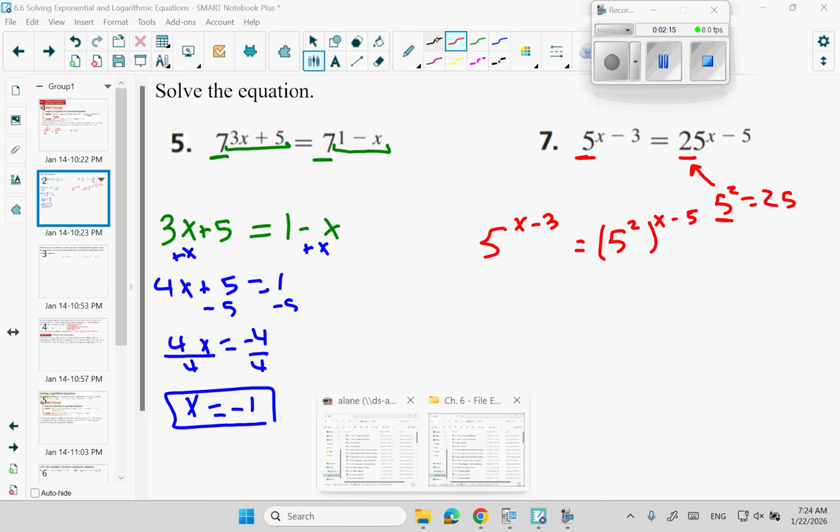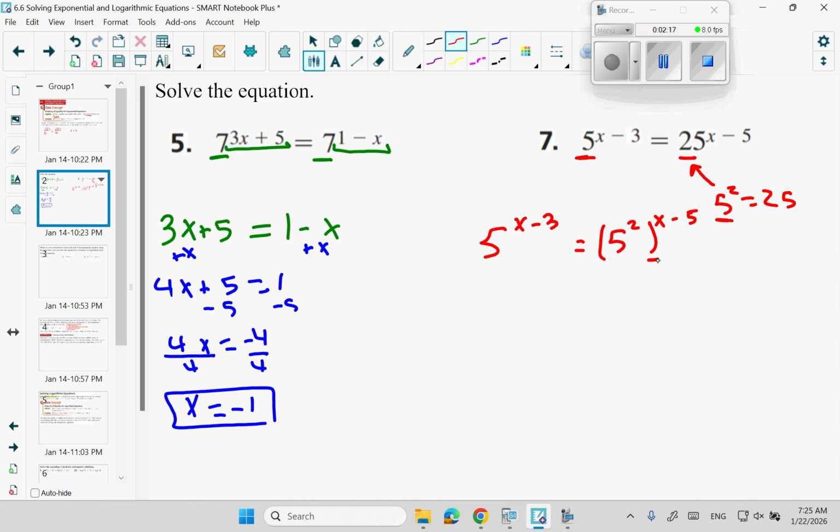Now, I treat this as it's separated by a parenthesis, which means these exponents get multiplied. So I'm going to have to distribute this 2 right here. So I get 5 to the power of x minus 3 equals 5 to the power of 2x minus 10.